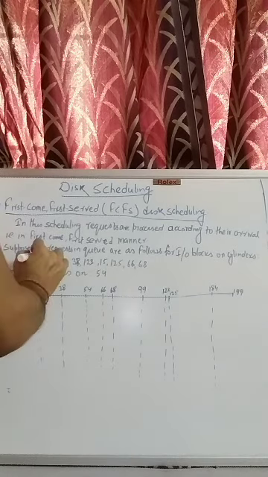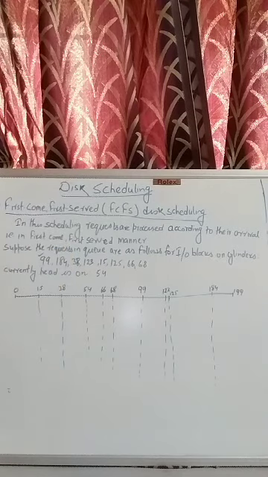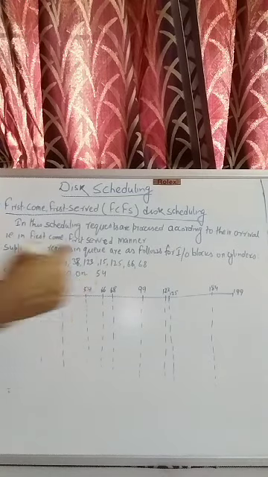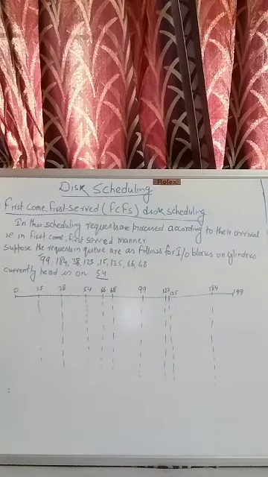So we start from 99, and in this example we also suppose that currently the head is on cylinder number 54, that is, it had previously processed the request at 54.